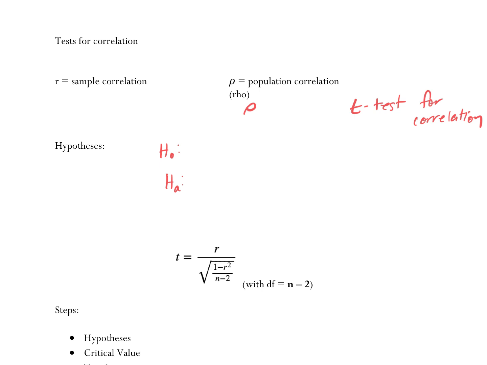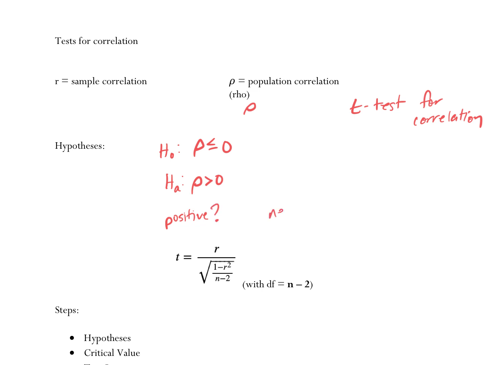Okay, so for example, if I say, is this evidence of a positive correlation, that would be that the correlation rho is greater than 0. My alternative would be less than or equal to 0. So if we're trying to decide a positive correlation, right, that's what we would have.